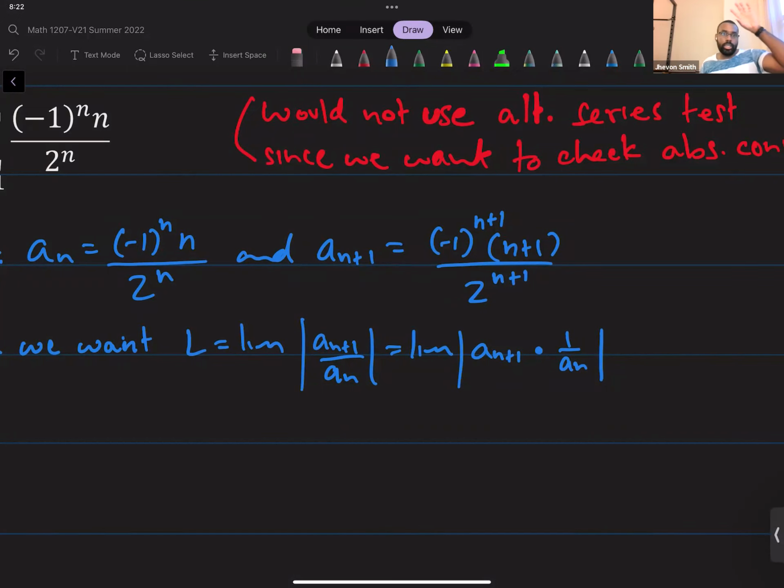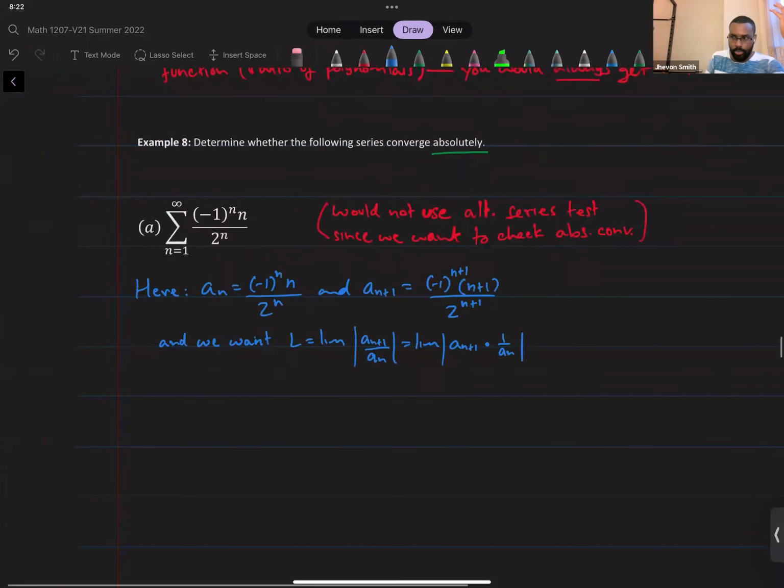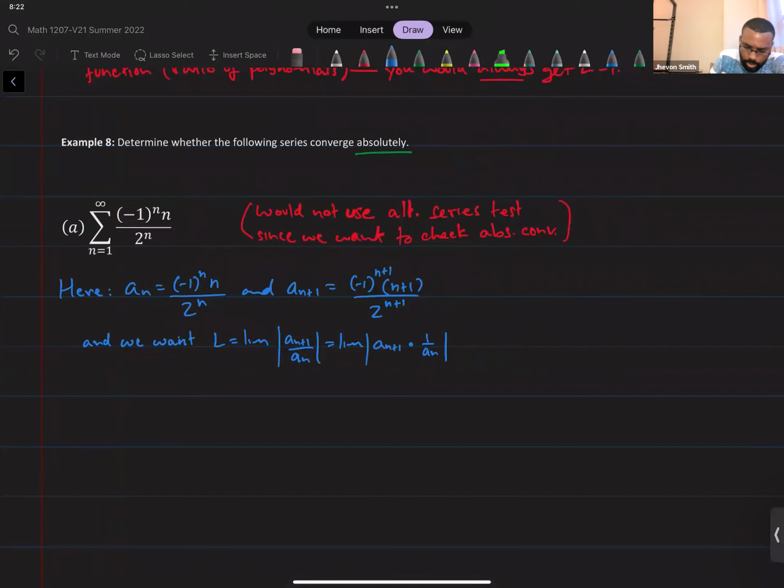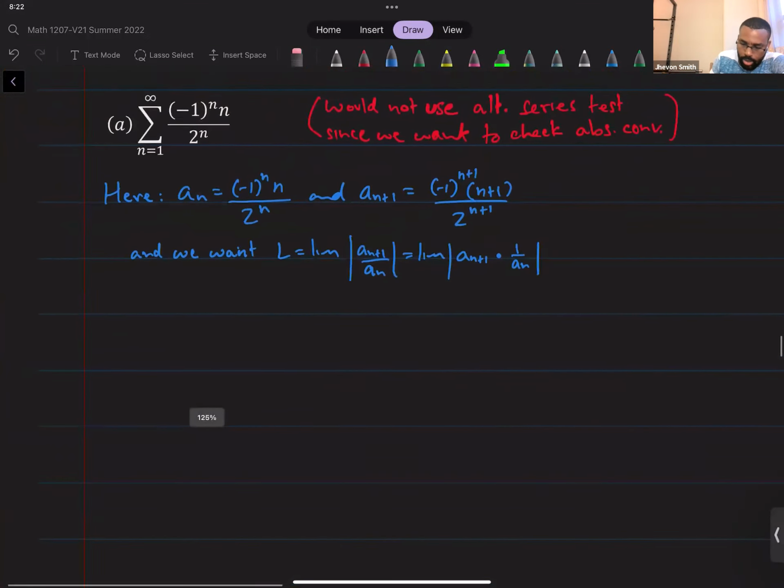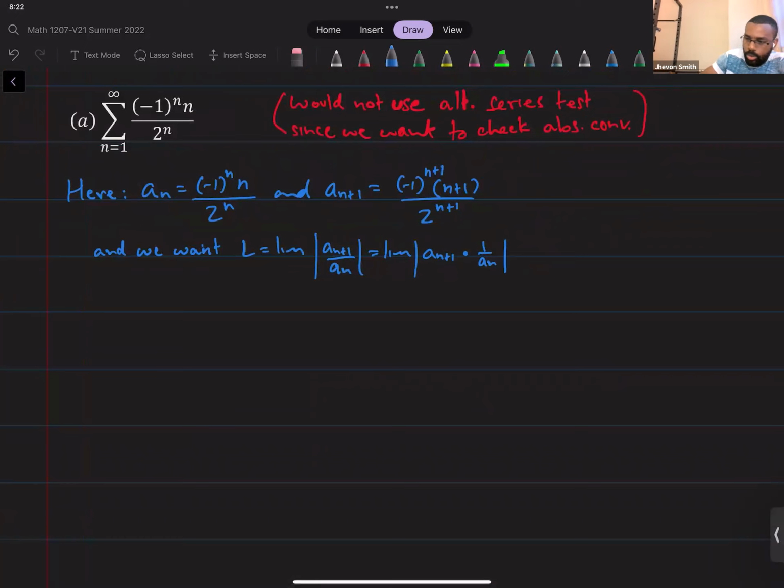You take the a_(n+1) guy and multiply it by the reciprocal of the a_n guy, and that's a step you'd have to do anyway. So I think it's just nice to do it all in one shot.